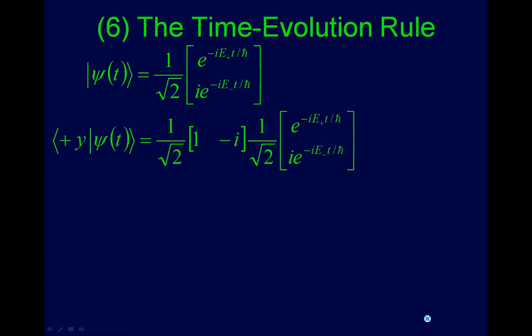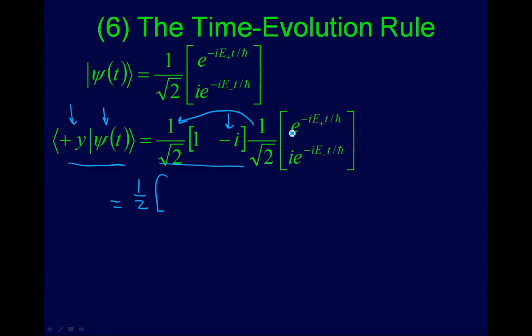Whenever we calculate a probability, we're always going to take an inner product. So we take the inner product of the bra of positive y with this new state vector we calculated. Here's the bra of positive y. Be real careful: I changed that to a negative i because it's the complex conjugate. Now I'm just going to slide this 1 over radical 2 out over here, so we basically have an out-front factor of 1/2.